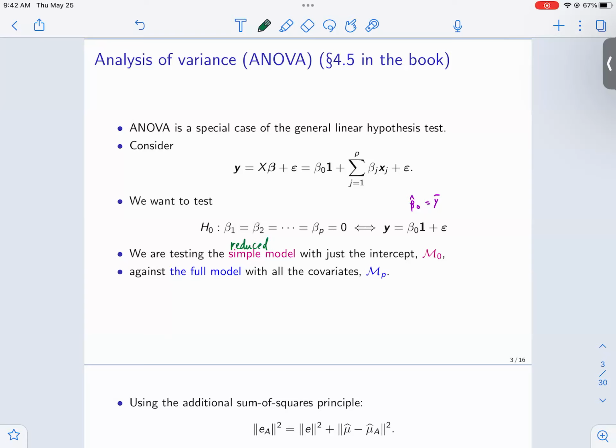But in this case, let's say I set all the betas equal to 0. The model that I get is this. So when I fit, what do I get? Intercept only model. Yeah, so the coefficient beta hat 0 will be the average of the y's. And so the residual will be the residual vector. How do you calculate the residual?